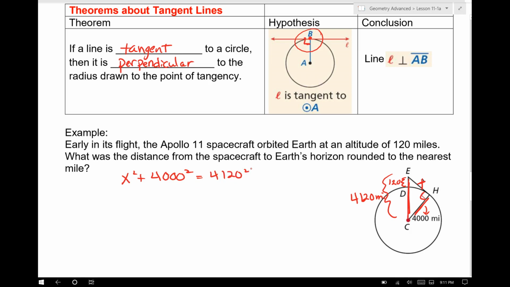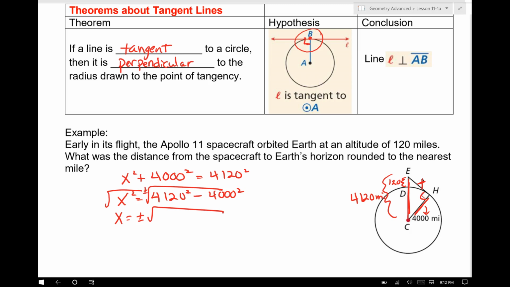All right, now this said round to the nearest mile. So guys, I'm going to let the calculator do a lot of work. First things first, you guys agree with me, x squared is really 4,120 squared minus 4,000 squared. I'm just going to keep it simple on ourselves. Then I'm going to end up taking the square root of both sides. So x is really plus or minus the square root of, and I think if you punch this into your calculator, double check me on this one because I'm doing this without my calculator.